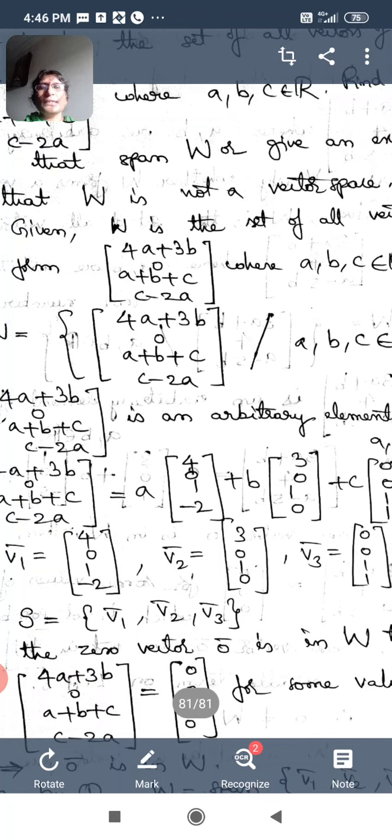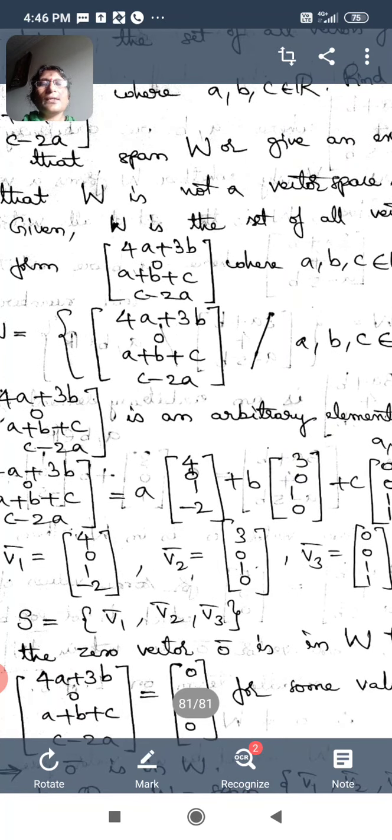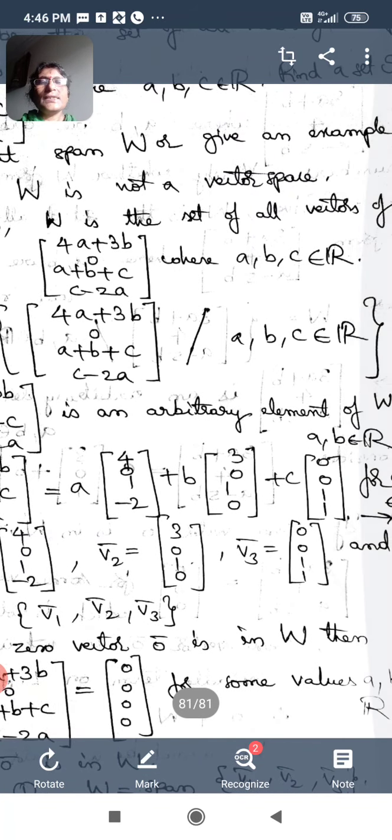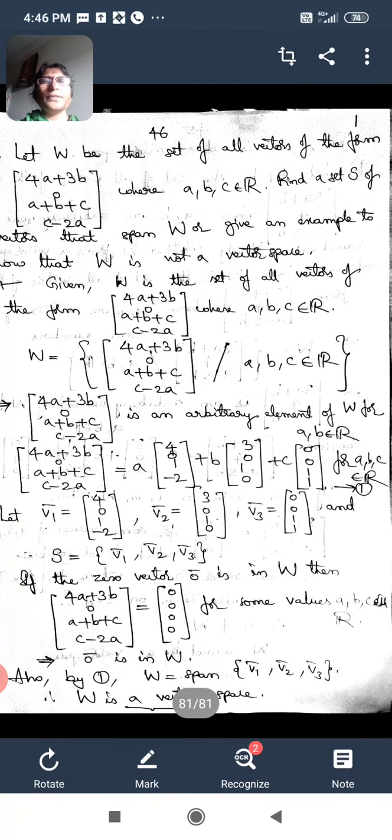As we can see on the left hand side, the coefficients of a are 4, 0, 1, −2. Similarly, plus b, the column vector multiplied is (3, 0, 1, 0), and for c it is (0, 0, 1, 1). The scalar multiples a, b, c, as we know, are nothing but real numbers.